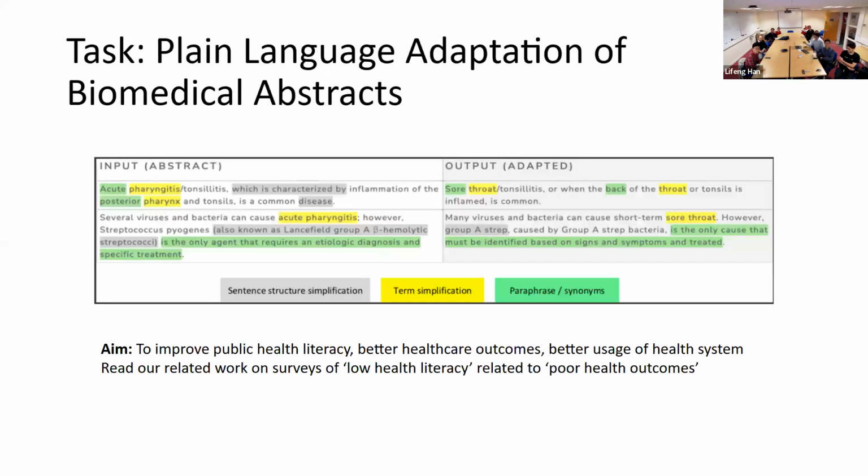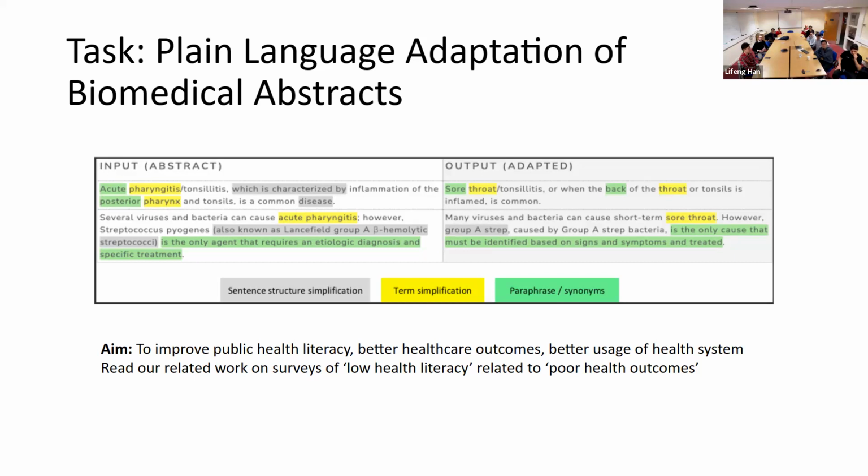So here is the example. Sam, do you want to talk about this? These examples come from the task organizer, PLABA, which shows the goal of this research, which is to do plain language adaptation of biomedical abstracts. In the table, you can see the input, which is some complex biomedical abstract. As output, we're trying to simplify them so average, normal people are able to understand them.